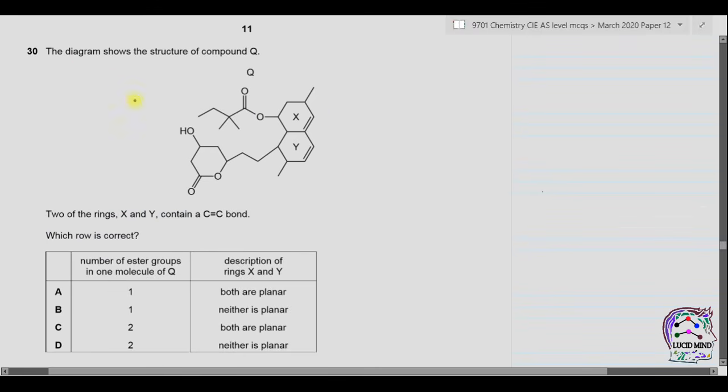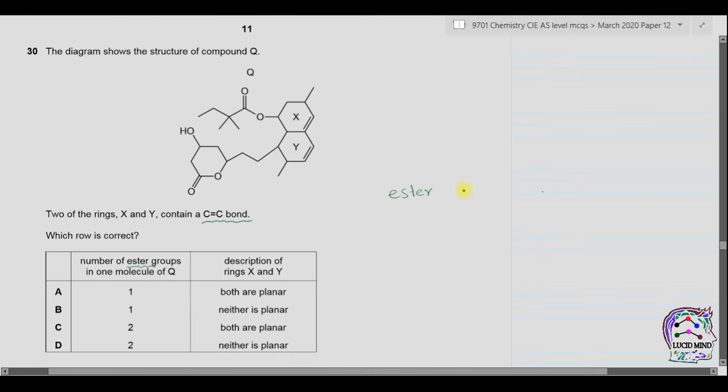Question number 30. The diagram shows the structure of compound Q. Two of the rings X and Y contain a carbon-carbon double bond. Which row is correct? Now the first column says number of ester groups in one molecule of Q. How many ester groups are there? Well, let's see what an ester is.